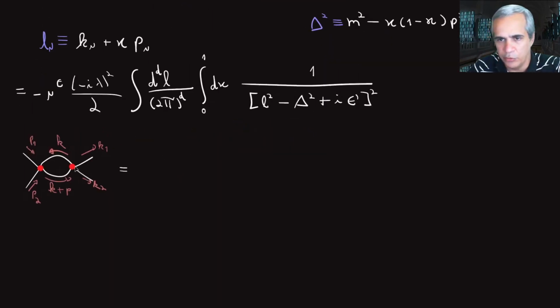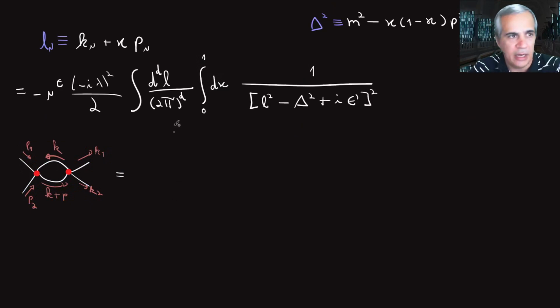So now to go to Euclidean, I do the same thing I did before, a Wick rotation in d L 0, and that produces an i up front here. So let me put that in a different color. Just i came out here. The rest is the same.